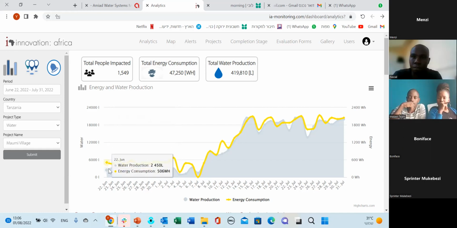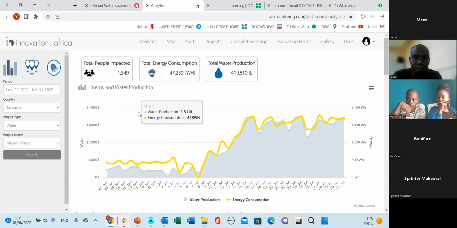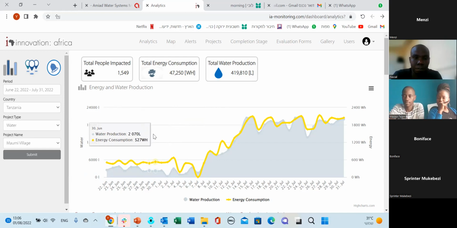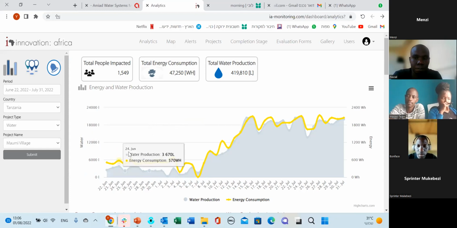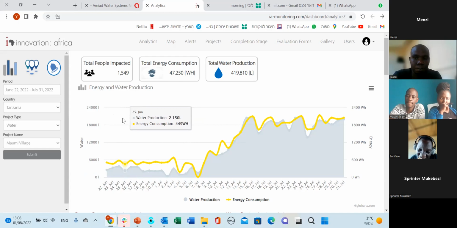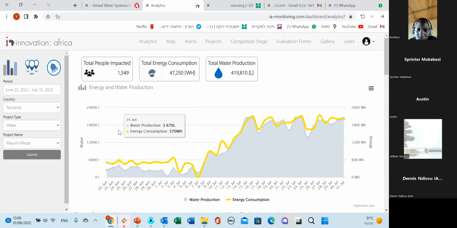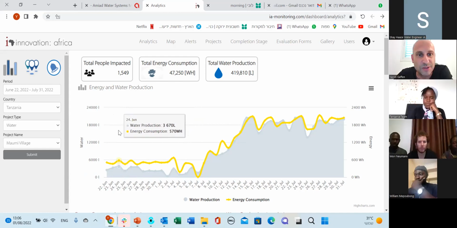But you can see that the consumption was very low, and I was worried that maybe something is not working well. So I asked the Tanzanian team, what's going on? Why are we not supplying water? This is not how the system is supposed to work. So they told me the system is working perfectly, but the community is not consuming the water.